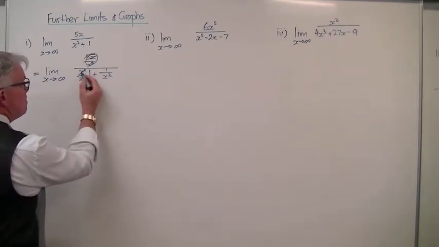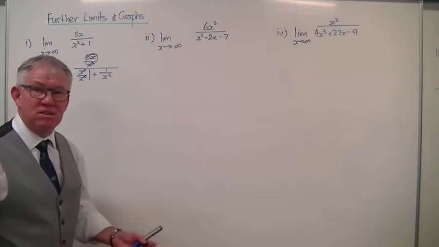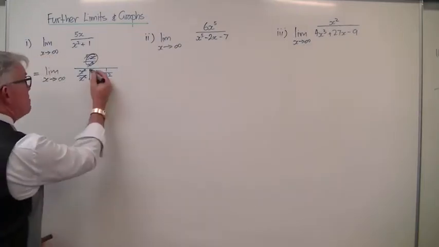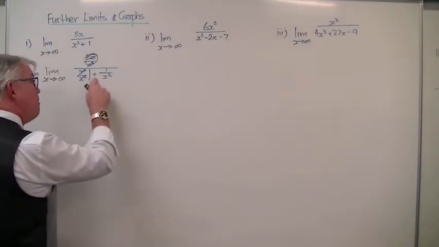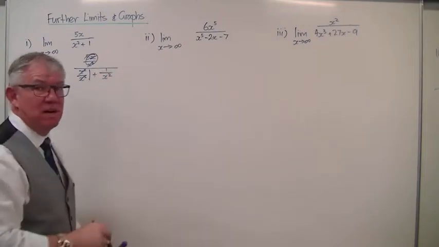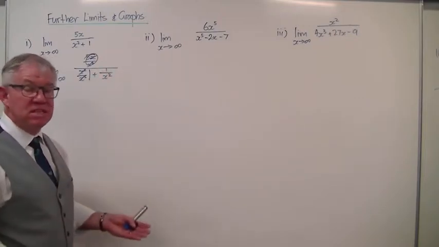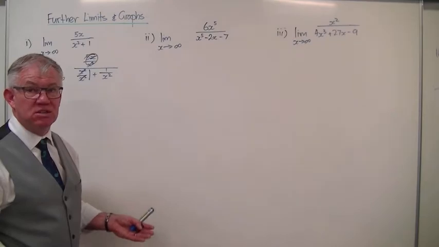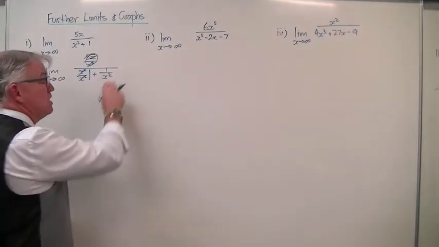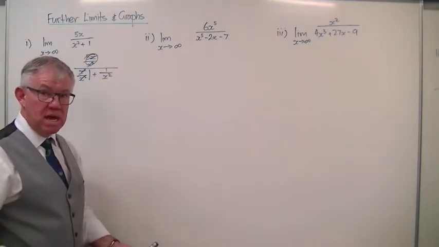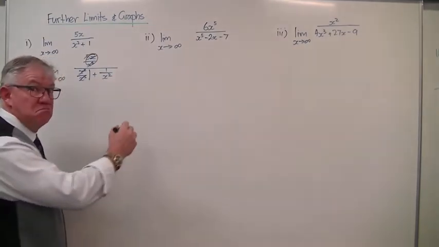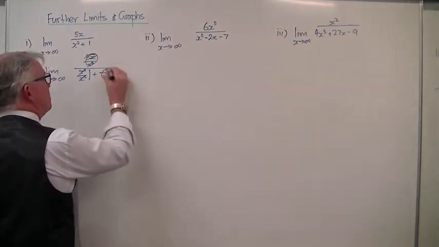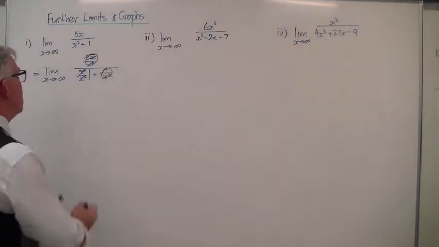We've already looked at x squared divided by x squared: anything divided by itself is going to be 1, so that's got to be 1. And then we've got plus 1 over x squared. Well, if 1 over something that's infinitely large is 0, 1 over something that's infinitely large squared is going to be an even smaller 0, if that makes any sense.